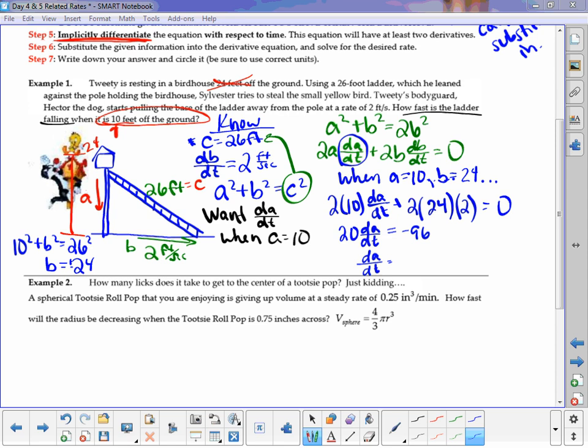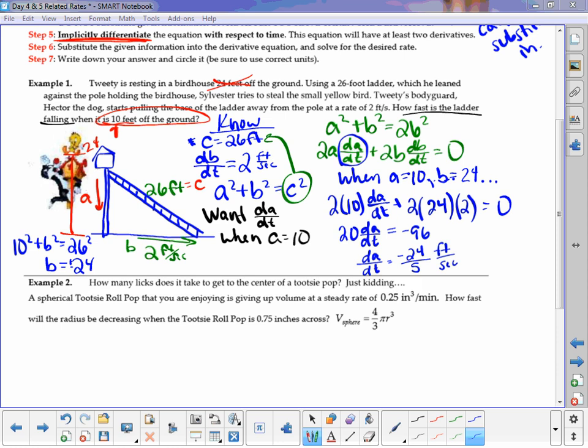What do we get for our final rate? Negative 24 over 5. Make sure you always give units. If units are given to you, what would my units be for this? Feet per second. Good. The distance is feet, and the time is seconds.